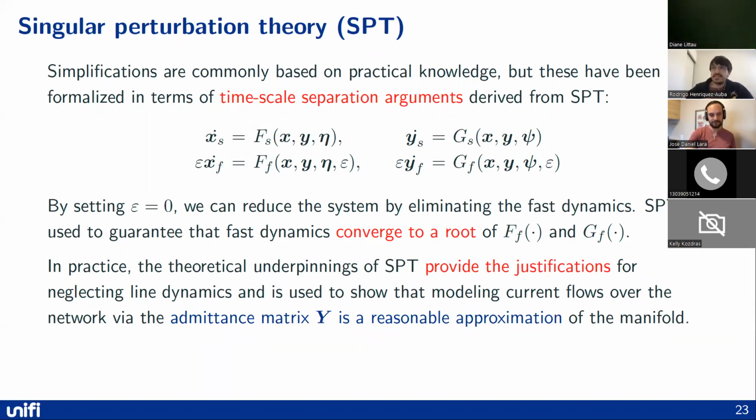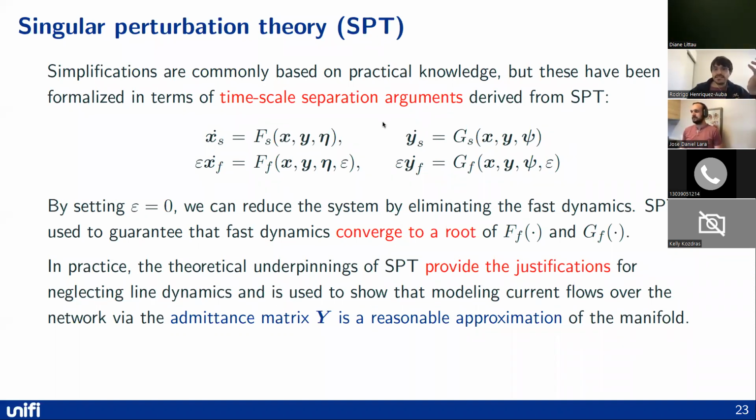In many cases, the simplifications that have been proposed have been properly formalized using time-scale separation arguments derived from singular perturbation theory. Commonly presented in the literature, you will see two types of state variables in this topic, denoted as slow and fast, here with the subscripts S and F. The presentation also includes this real parameter epsilon, which is usually really small and is used to describe how much faster the fast dynamics are than the slow dynamics.